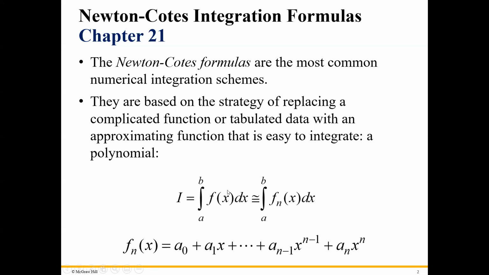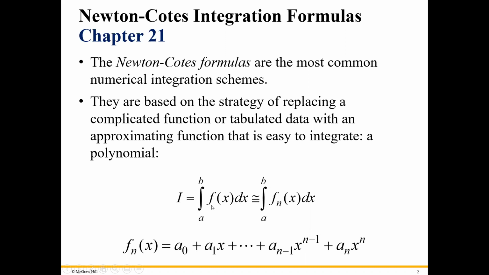Where f of x is a function in any form, like an exponential or a trigonometric function, or whatever form, a complex function, whereas fn of x is a function in its polynomial form.